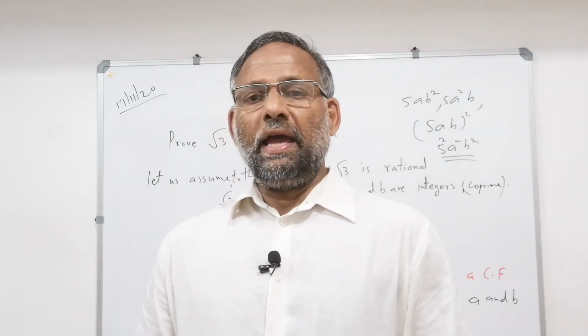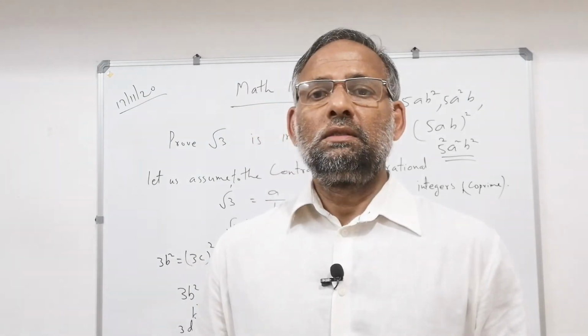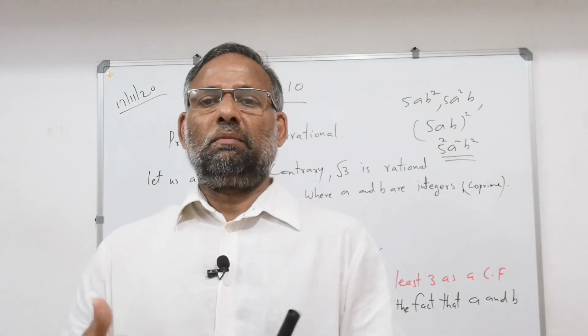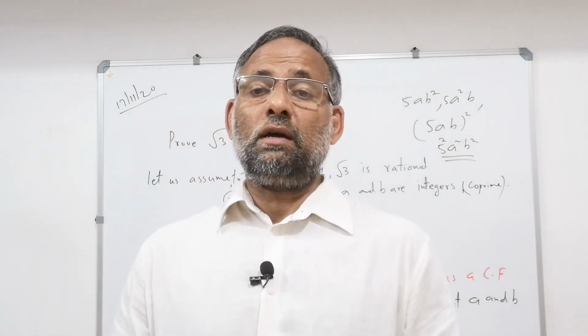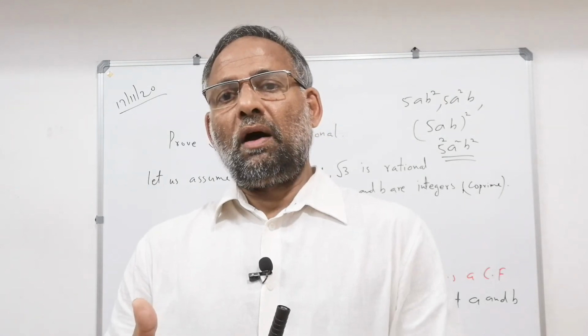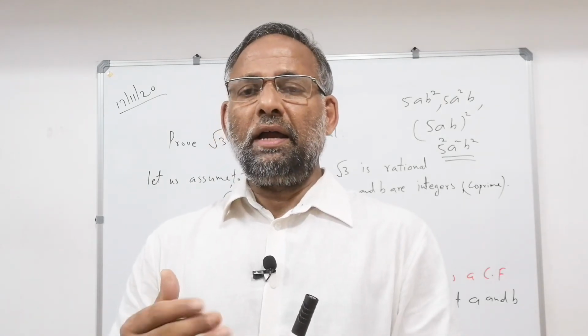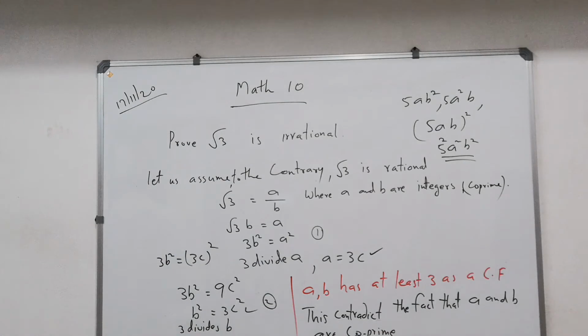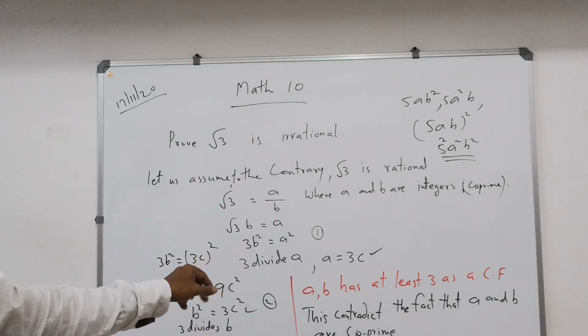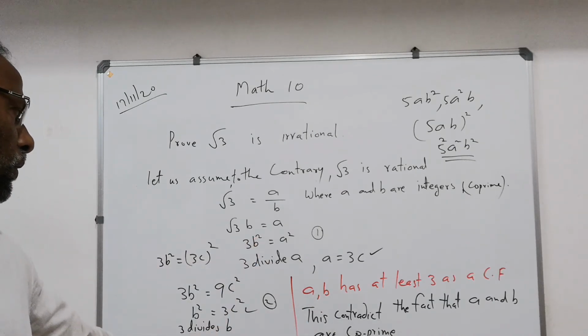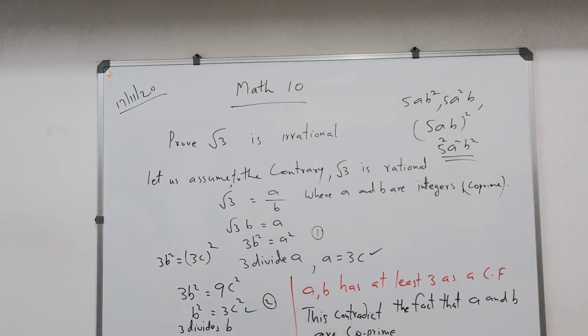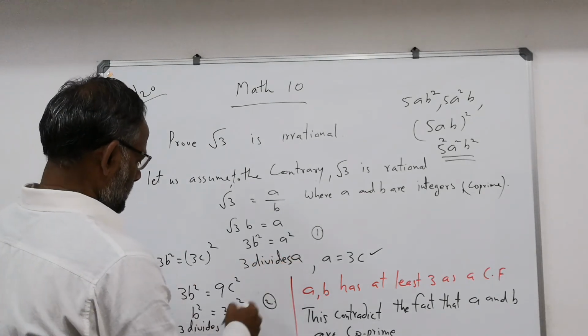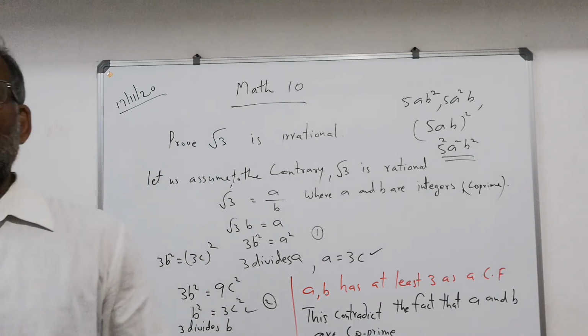Another thing: if A square is equal to 5C square, then 5 divides A. The theorem I am again reading: let P be a prime number, if P divides A square, then P divides A. Here 3 divides A square, so 3 divides A. Now here also 3 divides B. So 3 is a common factor.